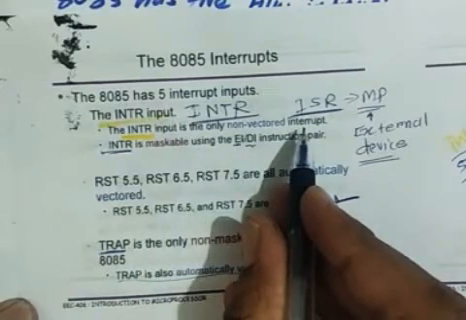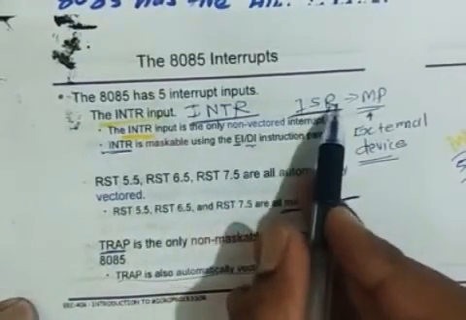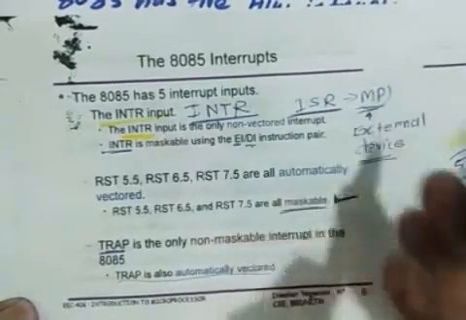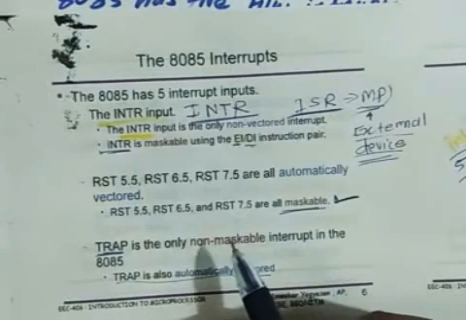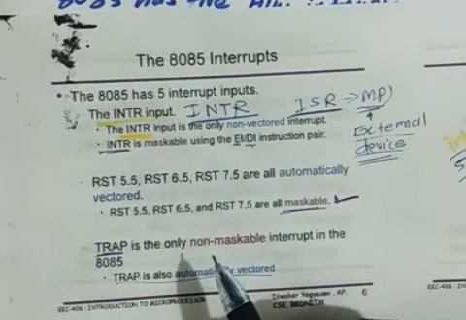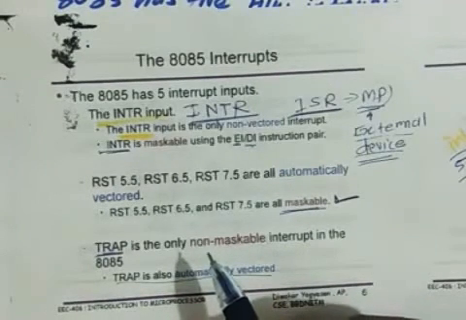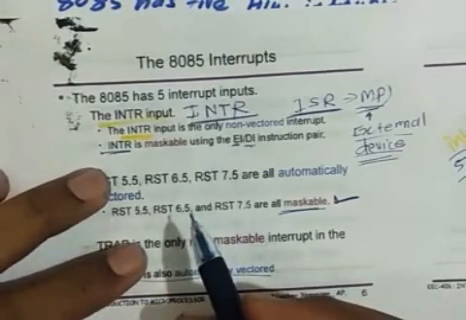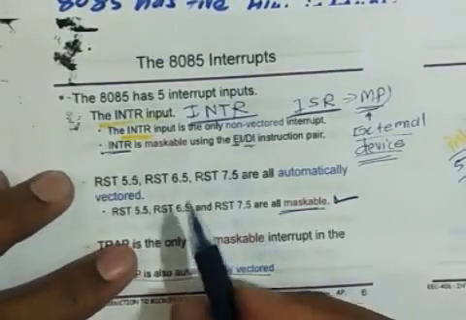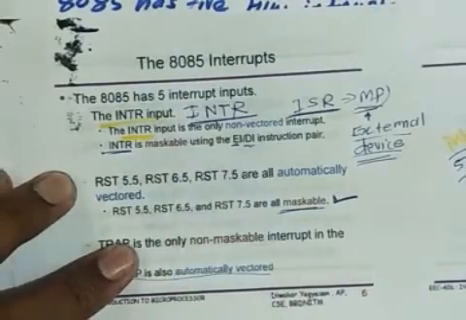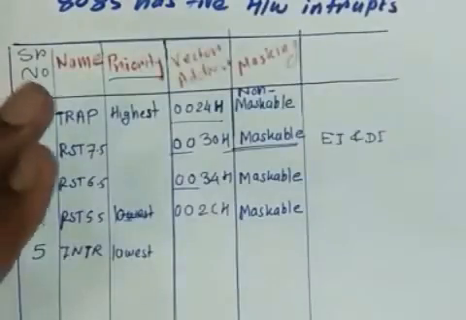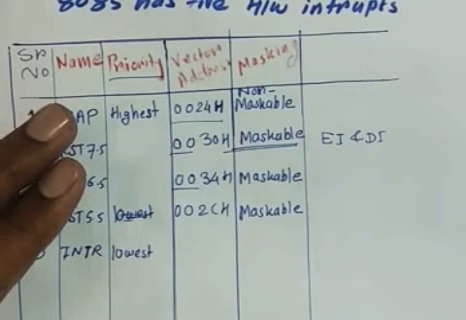It means the interrupt service routine is not with the microprocessor. The external device has to provide the interrupt service routine to the microprocessor. INTR is maskable using the EI and DI instructions.